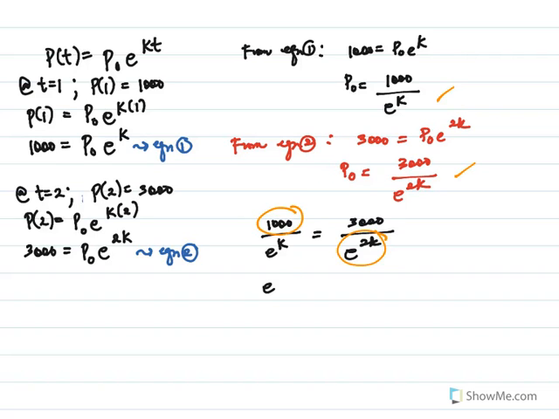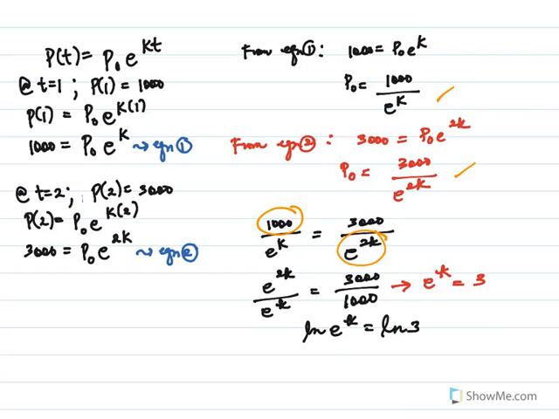So, you will have here e raised to 2k over e raised to k is equal to 3000 over 1000. But e raised to 2k over e raised to k is just e raised to k equals 3. So, solving for k, take the ln of both sides. Ln of e raised to k is equal to ln of 3.